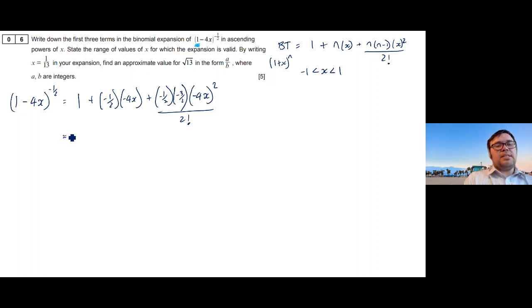If we tidy that up, you can stick that directly into the calculator and that will sort out the numbers. What you would need to do: this one is 1 minus a minus, which is a plus, and half of 4 is 2x. Here we've got a minus, which is a plus, and minus 4 squared, so that would also be a plus.